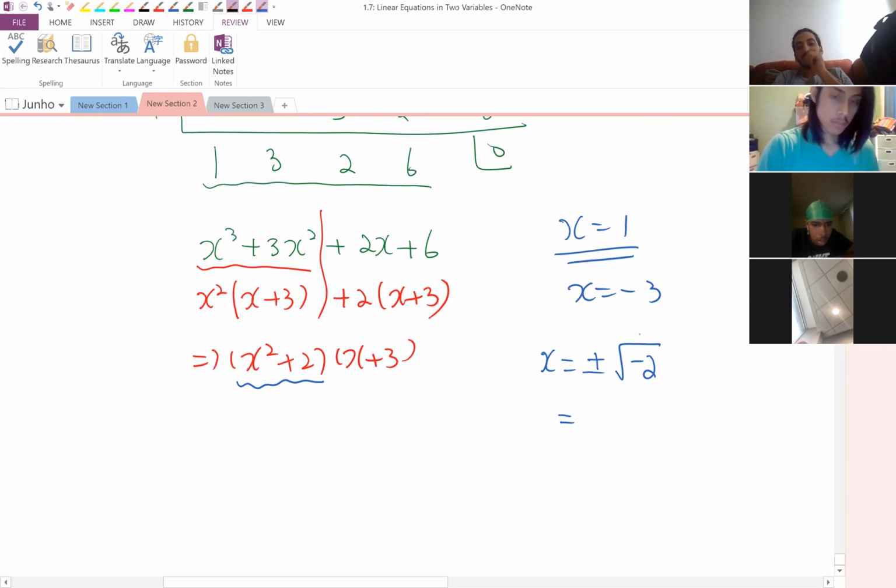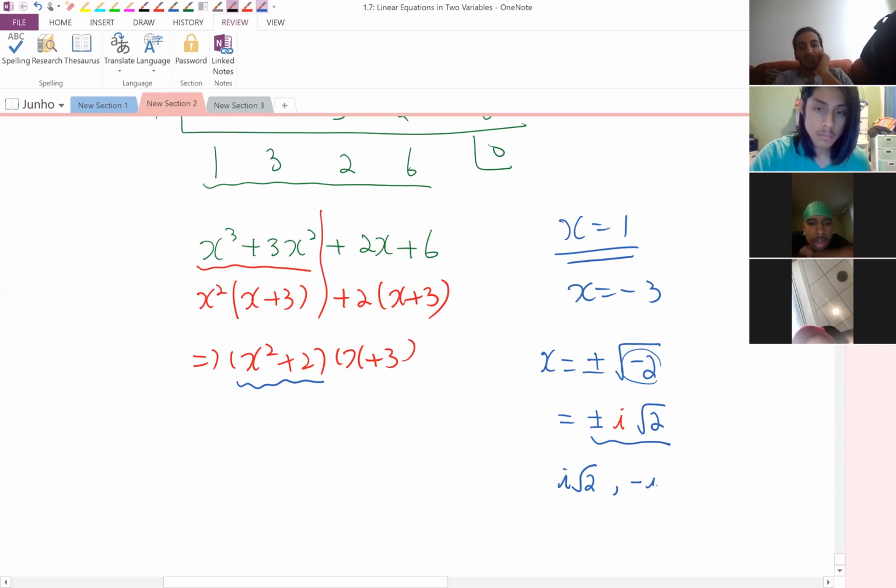Both should have i because we have negative here. So we have i root 2 and negative i root 2.